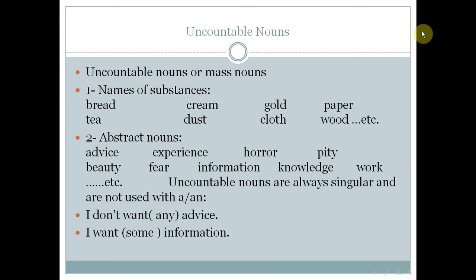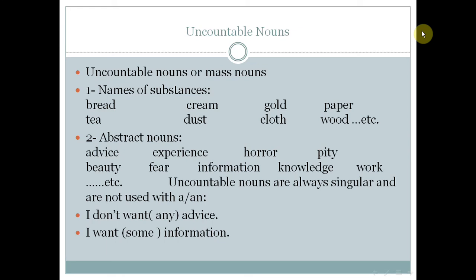Number 2, abstract nouns. Advice, experience, error, pity, beauty, fair, information, knowledge, work, etc. Uncountable nouns are always singular and are not used with a and an. So be careful with this rule, that uncountable nouns are always singular.